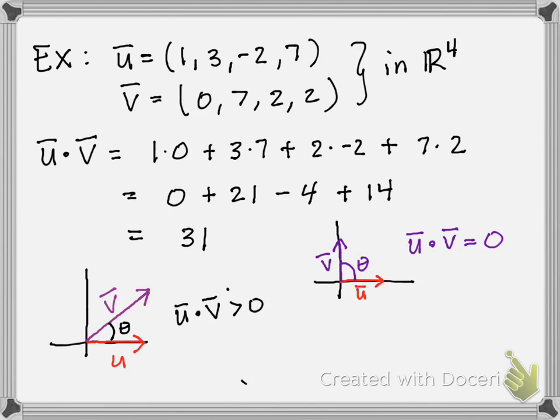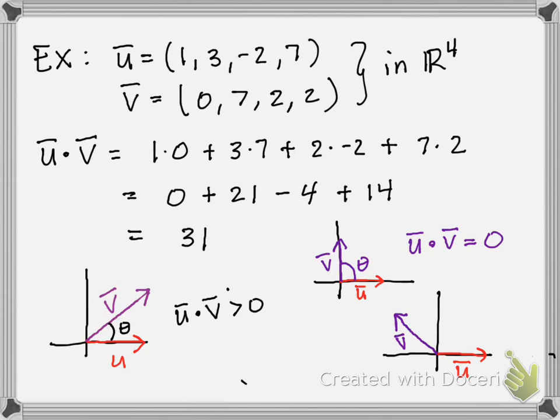And just one more example. If u and v are pointing kind of in opposite directions, not completely opposite, but not pointing in the same direction. So again, I'll make u sitting on the x-axis and v is over here.